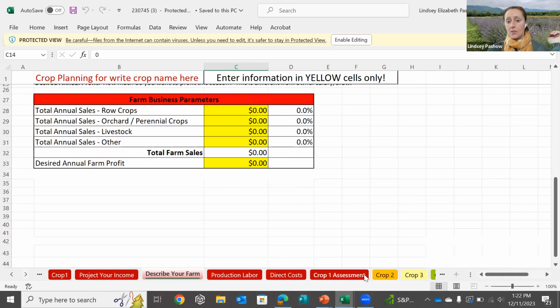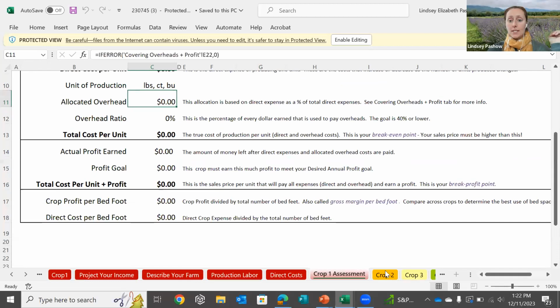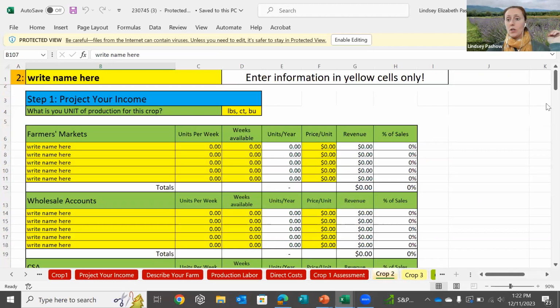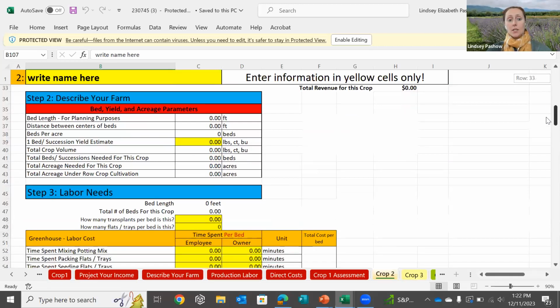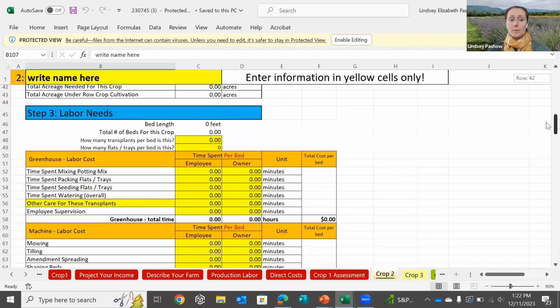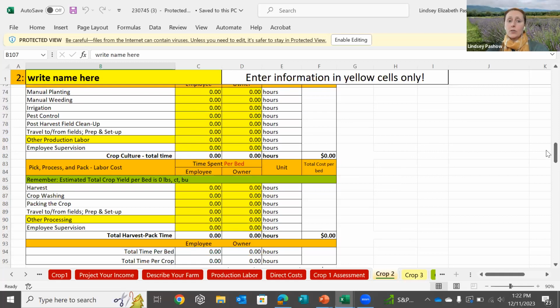And it even gets down to the different crops that you're going to be doing, specifically the bed length behind them, the labor that you might need, the time that you're spending, like mixing potting mix, mowing. This is a great resource from which you can take a lot of this information and put it into your enterprise budget, so you're not creating things from scratch.